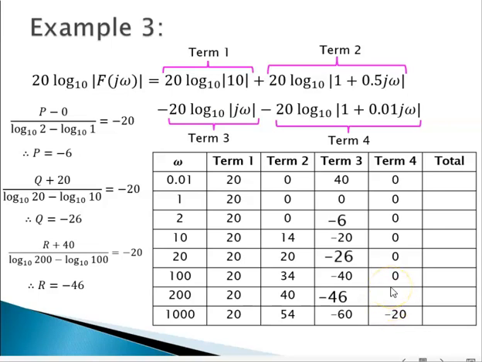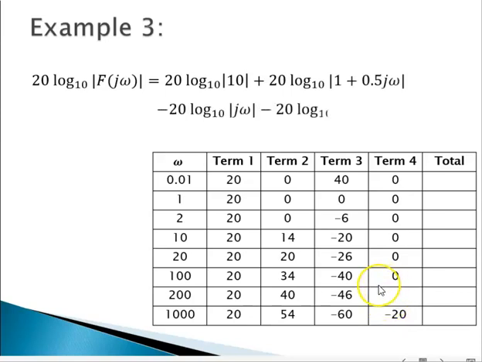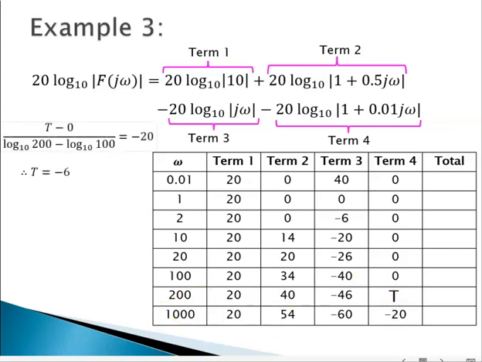This quantity we need to fill. We will fill it here and you can write it down. I will just show you in a second. T minus 0 divided by log 200 minus log 100 is minus 20. So T is minus 6. You can put it there. Now the table is complete.